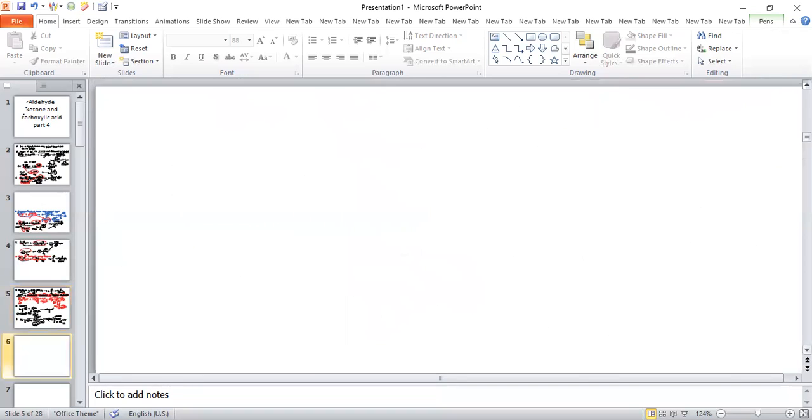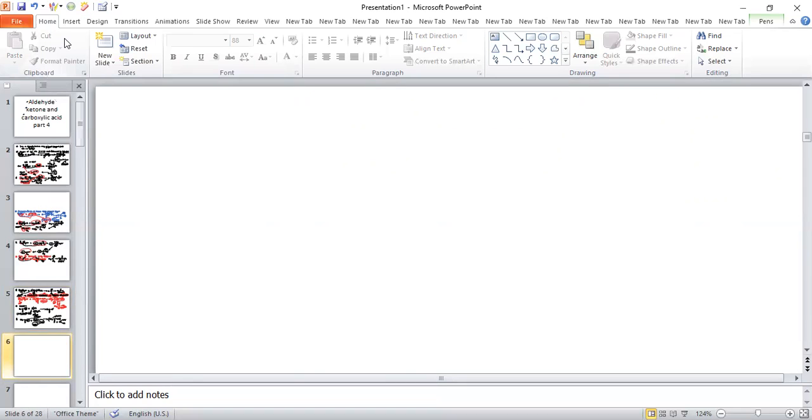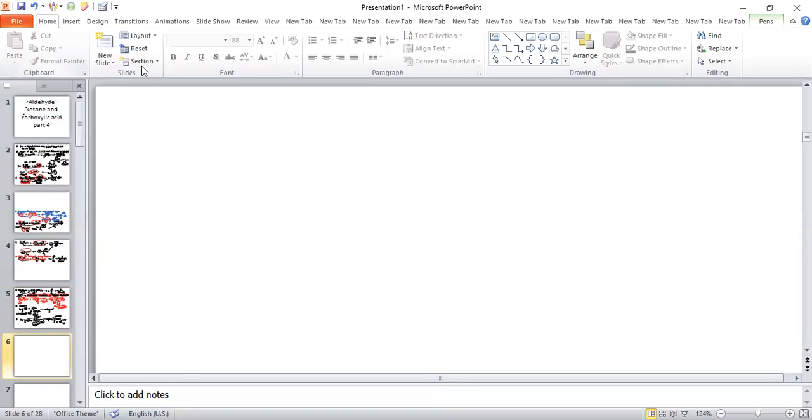Now see another question related to this. The next reaction for the preparation of aldehyde and ketone that we are going to discuss is dry distillation.